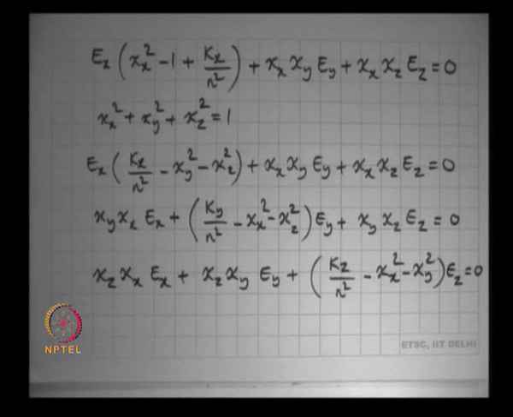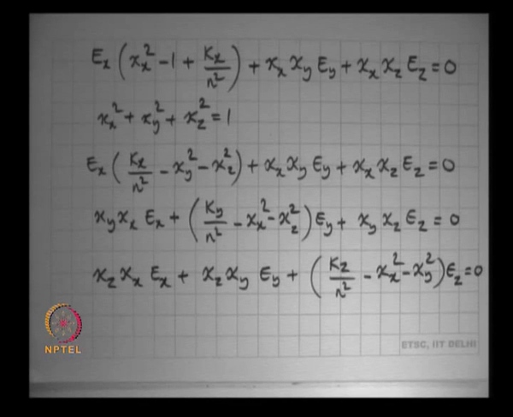I have got a set of three linear equations in Ex, Ey, Ez, in which the unknowns are still n. I do not know the value of n. If I give you a medium, I know kx, ky, kz, the three principal dielectric constants.